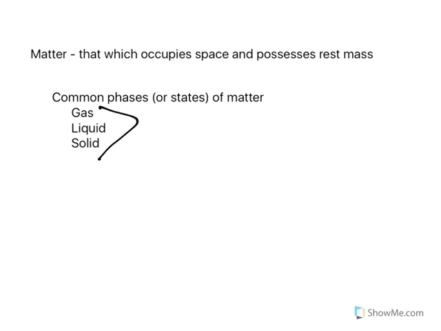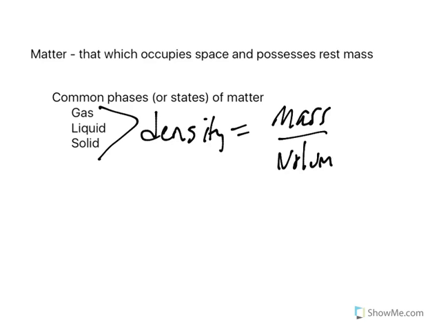You can see that the main difference between these phases of matter is density, where density is the mass of the object divided by the volume of space it occupies. So the more mass an object has, the more dense it is. A solid is much more dense than a liquid, and a liquid is much more dense than a gas. So you can see that the common difference between the different states or phases of matter is density.